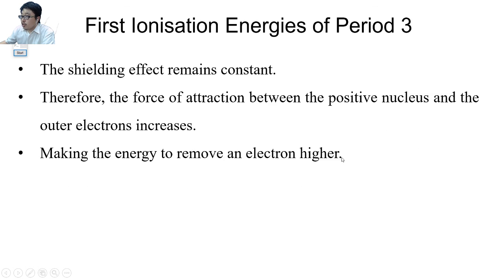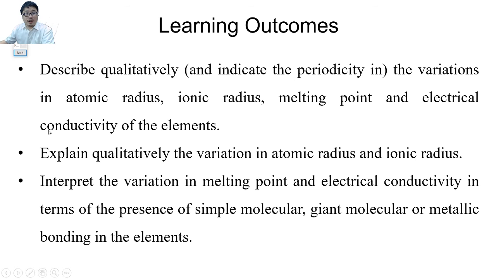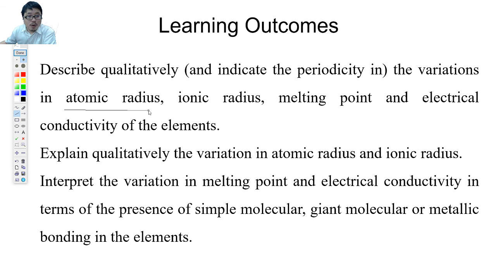So now let me clarify. Let's go back to the learning outcome. Are you able to explain the trends in atomic radius? What's the trend? Decreases. Ionic radius? Cations and anions decrease. Are you able to explain that trend? Melting point: increase, then decrease, with sulfur other than being the highest among the non-metals.